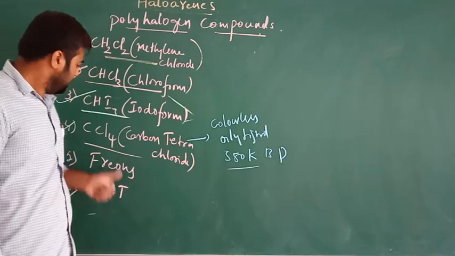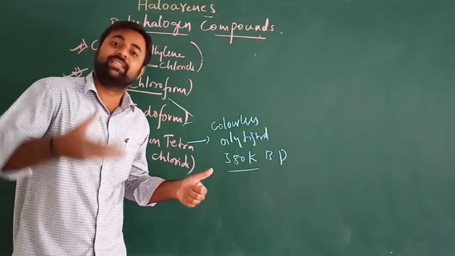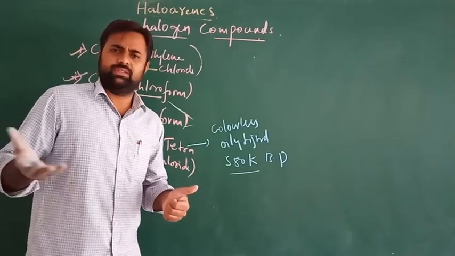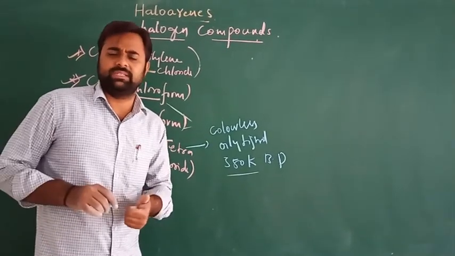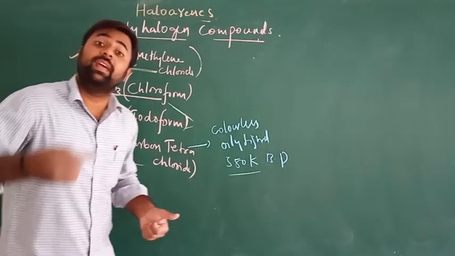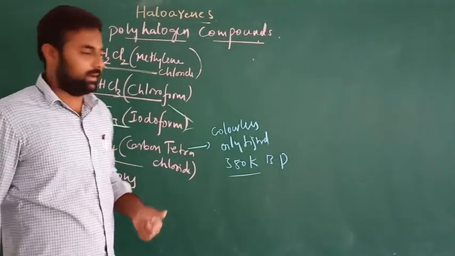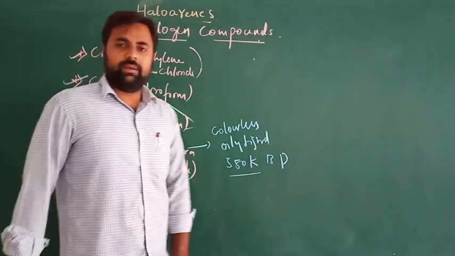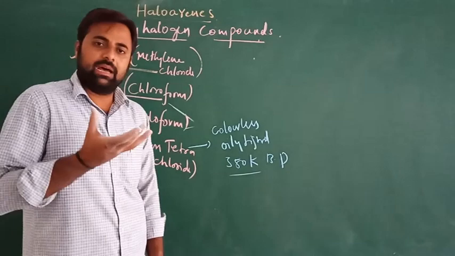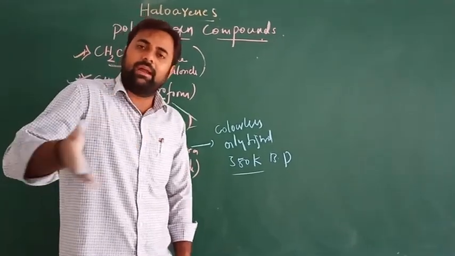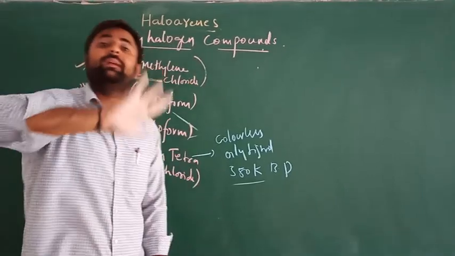This carbon tetrachloride is also insoluble in water but completely soluble in organic solvents such as alcohol and ether, right? And it is non-flammable, right? The environmental effect of carbon tetrachloride is when exposed to air, it rises to the atmosphere and depletes the ozone layer.